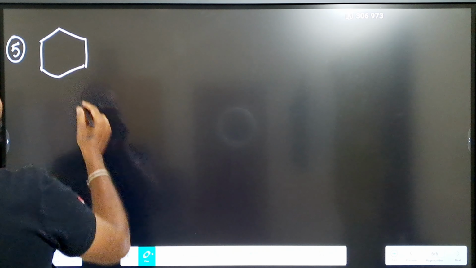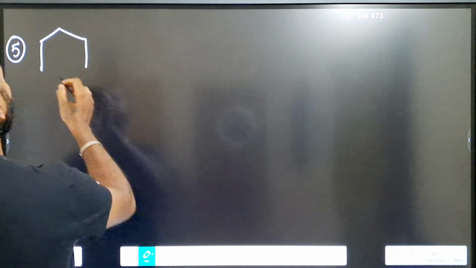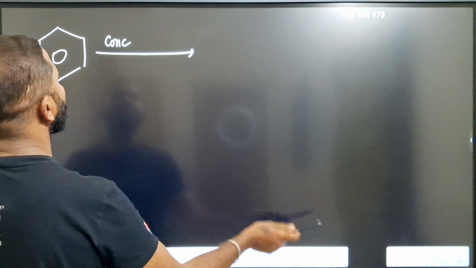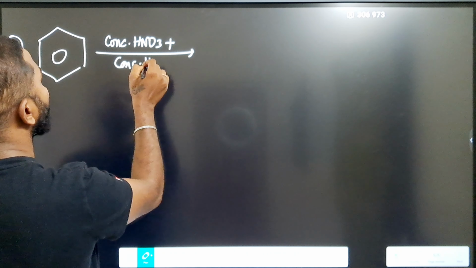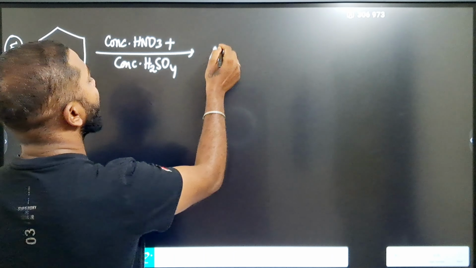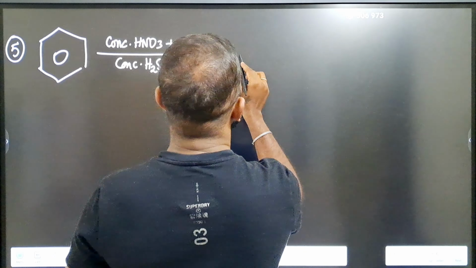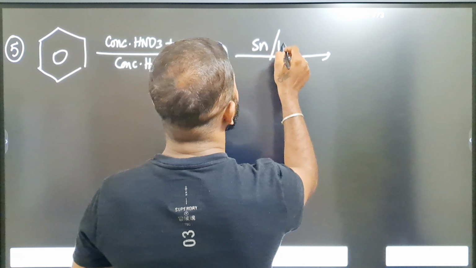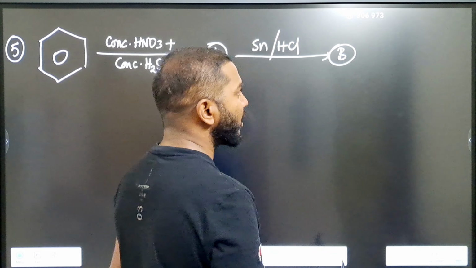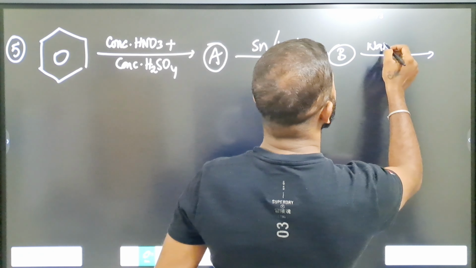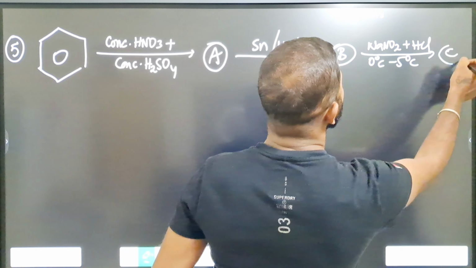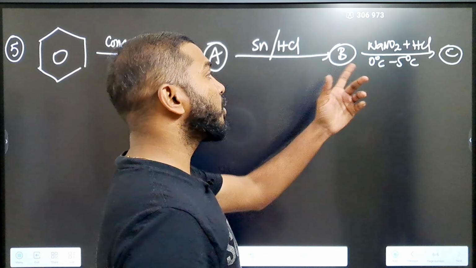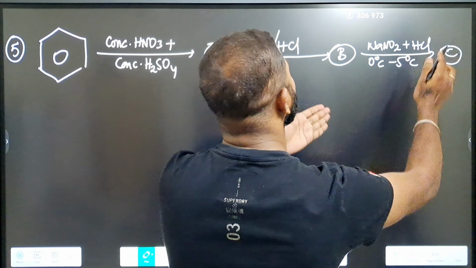You just take benzene, upon reaction with the nitration mixture, concentrated HNO3 and concentrated H2SO4, it is going to give us compound A, and then this reacts with Sn/HCl to give B, and then B with NaNO2 and HCl at 0 to 5 degree centigrade we are going to get C, which is benzene diazonium chloride.